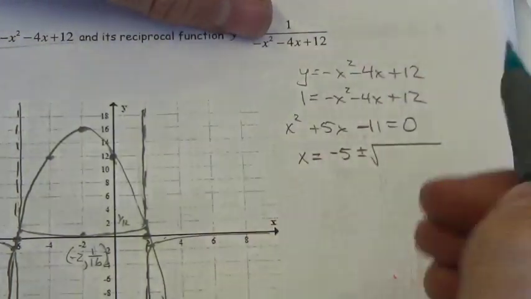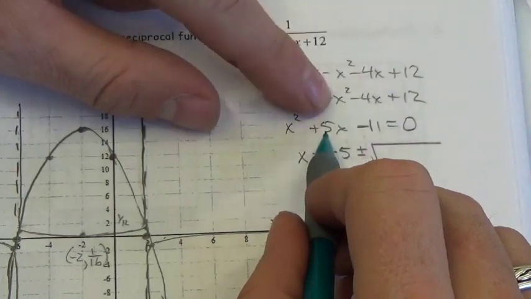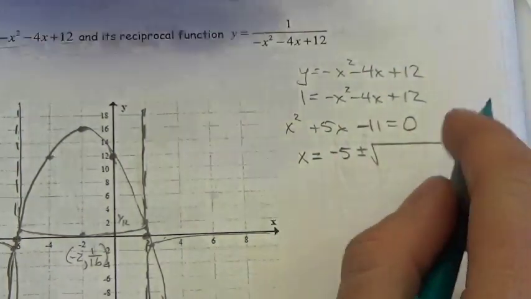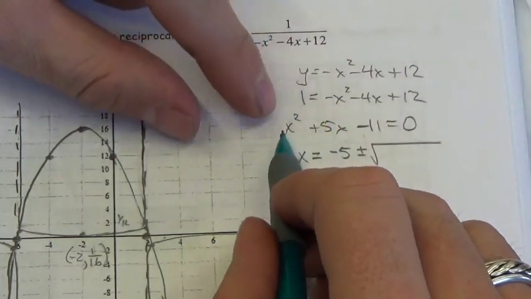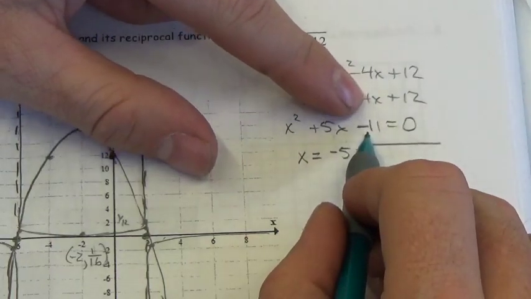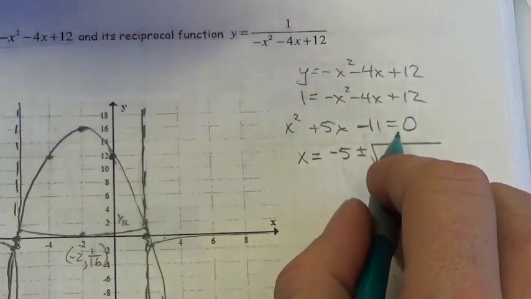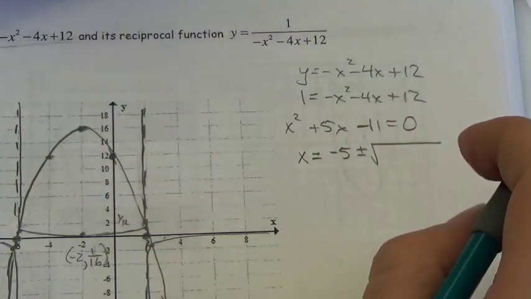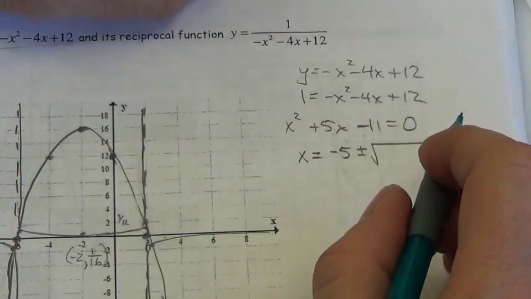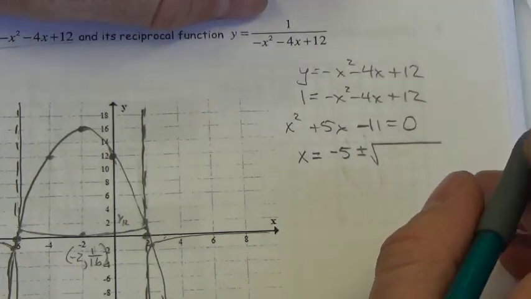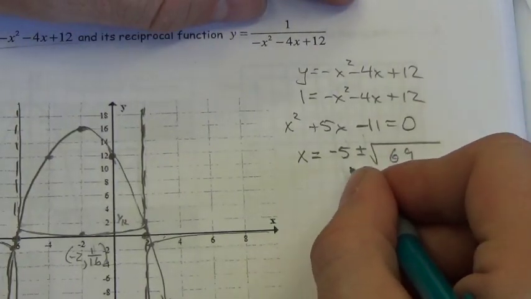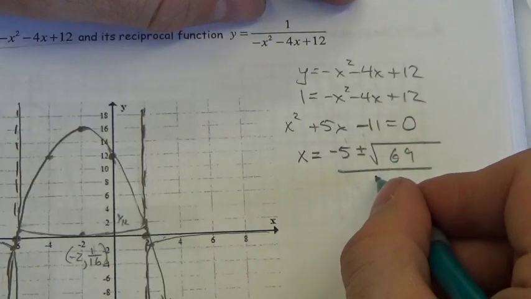So that'll be negative 5 plus or minus the square root of, now let's see if we can do this a little bit faster than we've done it in the past. 5 squared, okay, so 25, minus 4 times a times c. So minus 4 times 1 is negative 4, times negative 11 is going to be positive 44. So 25 plus 44, 69. And then the denominator will be 2 times a, or 2.